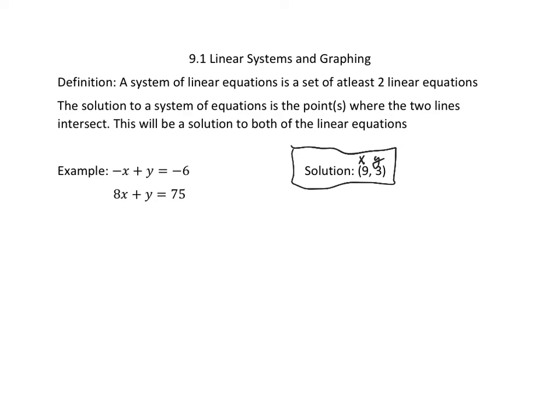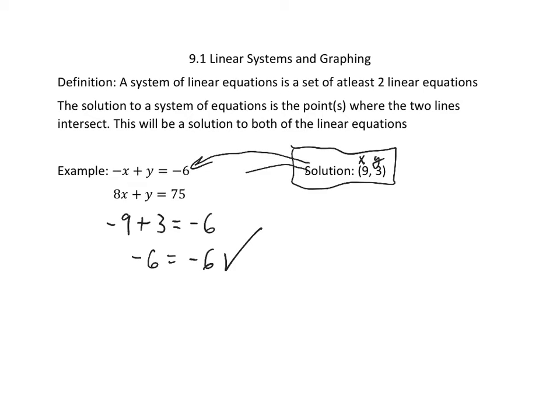So if I plug that point in, that'd be negative x, and x is 9, plus y is 3, equals negative 6. That's simply taking that point and plugging it into this first equation. And if I check that, I'll get negative 6 equals negative 6, which is true.